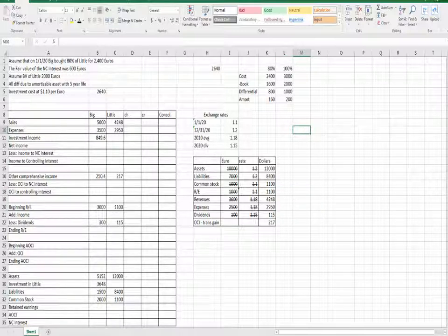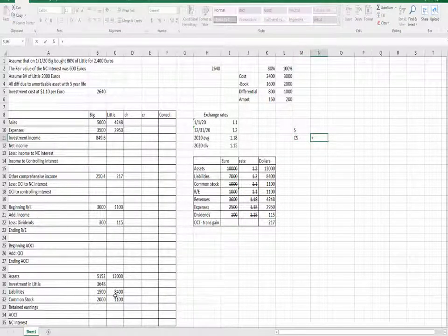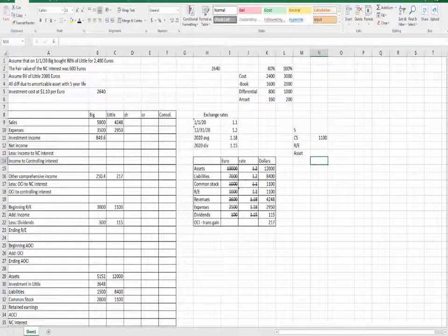Okay, so our elimination entries. As usual, we eliminate the common stock, dollar value, we're going to eliminate beginning of year retained earnings, and we're going to create this differential asset.